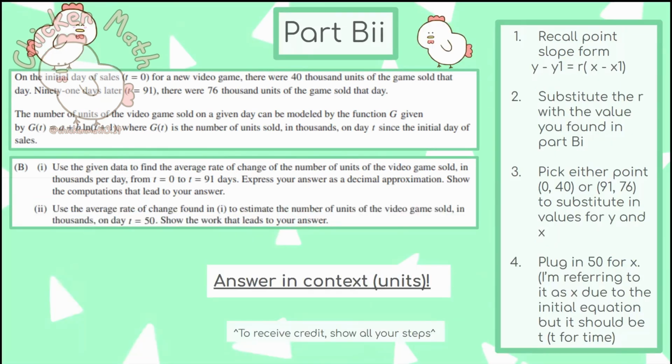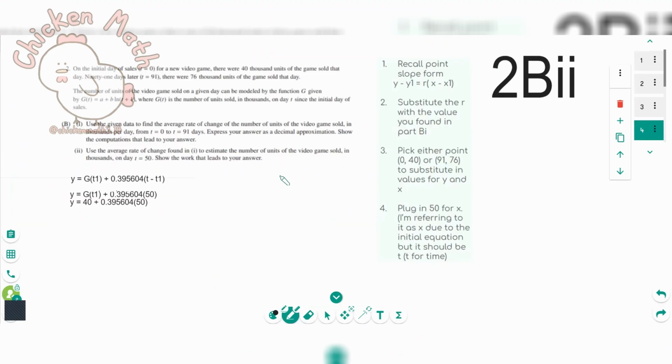Okay, guys, so next we will be looking at part B2, and it's asking us to use the average rate of change that we just found to estimate the number of video games on day 50. Okay, guys, so this is my work for part 2 and how I approached the problem.